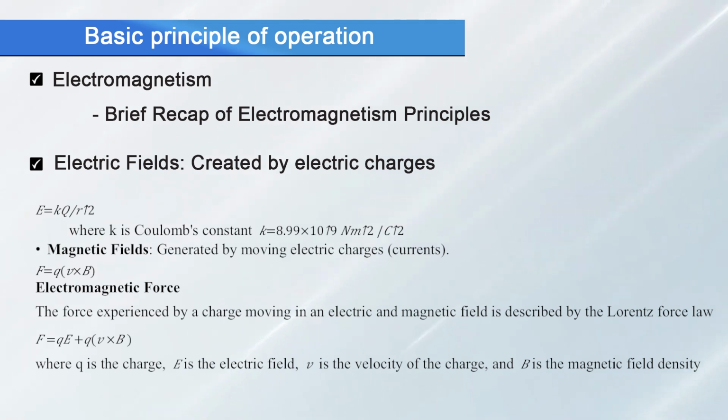So, this expression describes how a magnetic field exerts a force on the charged particle moving through it, with the direction of the force given by the right hand rule.